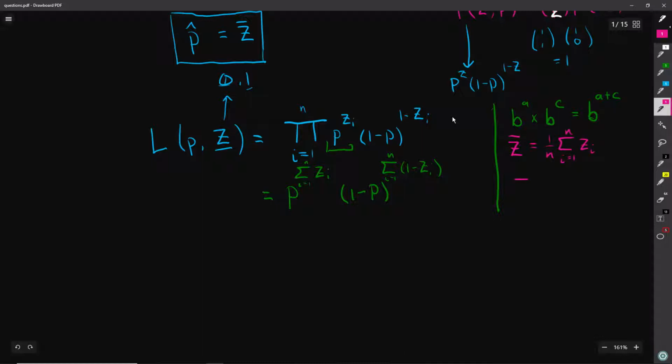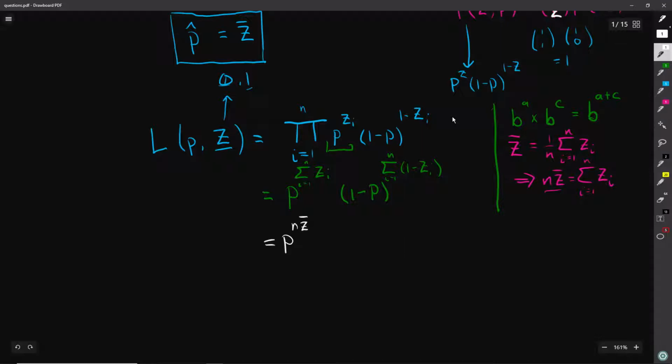And what this means is that if we multiply both sides here by n, we get n z bar equals the summation from i equals 1 to n of z_i. And so this first exponent we can write as n z bar. So let's fill this in. p to the n z bar.